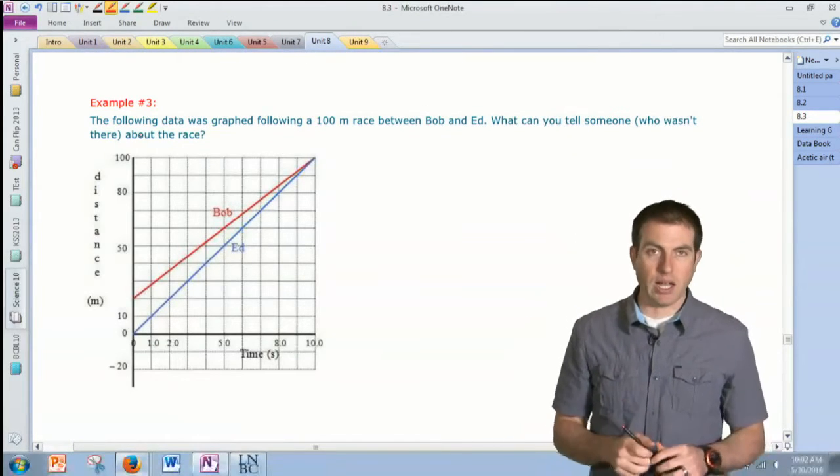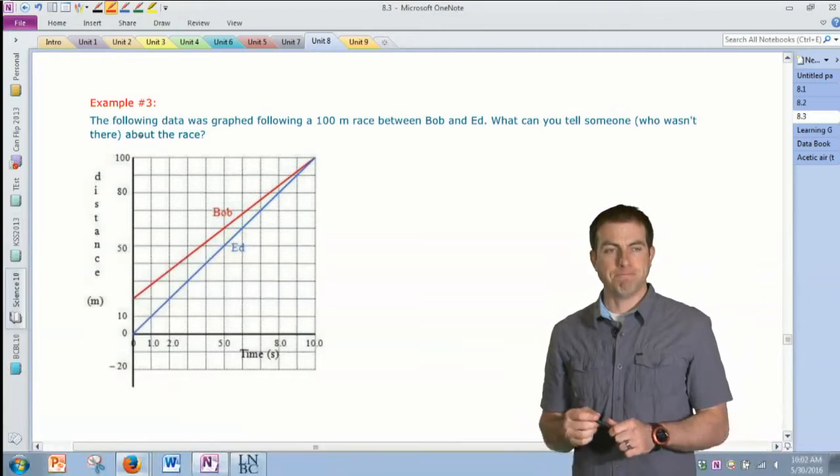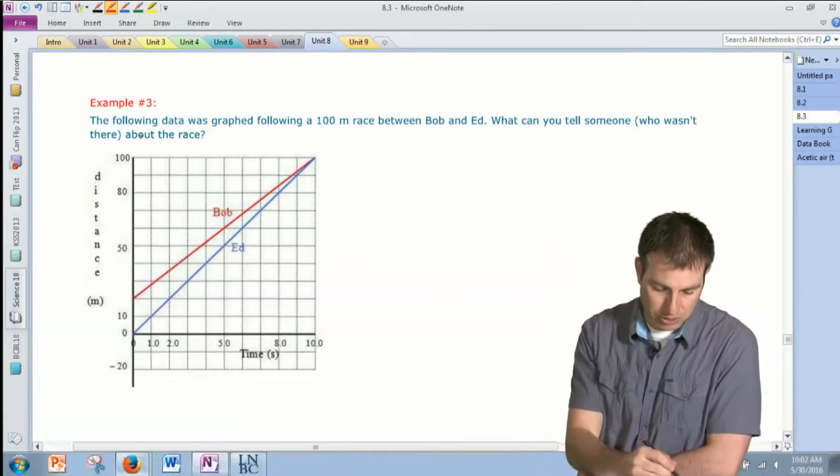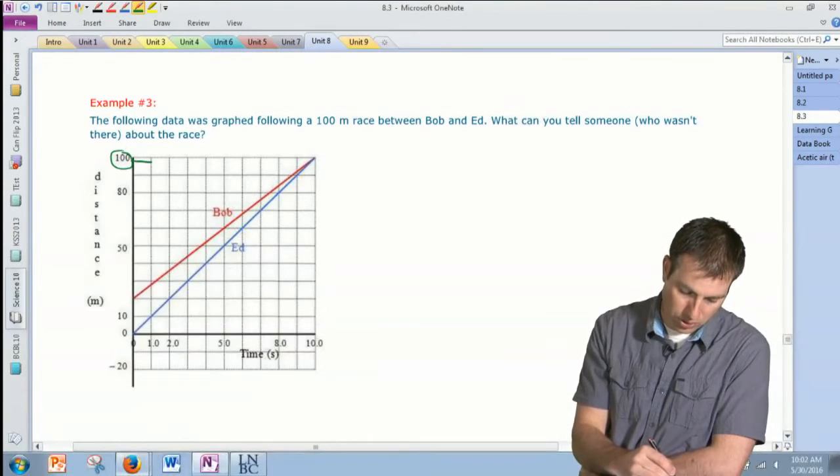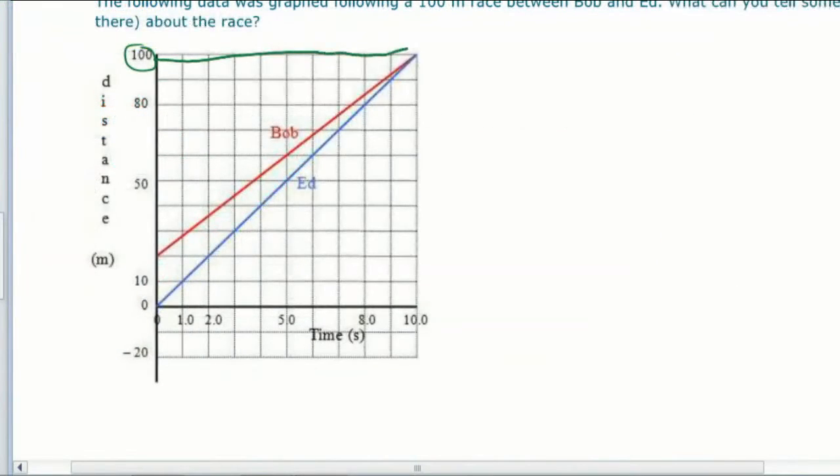I would look at my graph and I would say, okay, I'm interested in 100 meters. It's a 100-meter race, so I'm going to go to 100 meters. I'm going to go across on this line, and I'm going to see who got to 100 meters first. Now, it kind of looks like both lines are at the same point at 100 meters. If somebody asked, I would say that 100 meters took them 10 seconds.